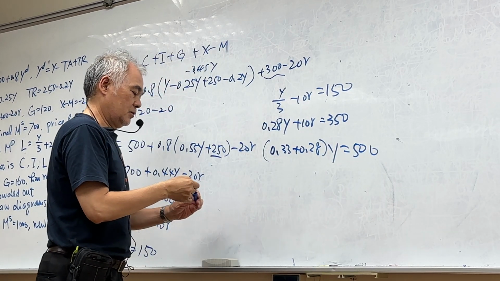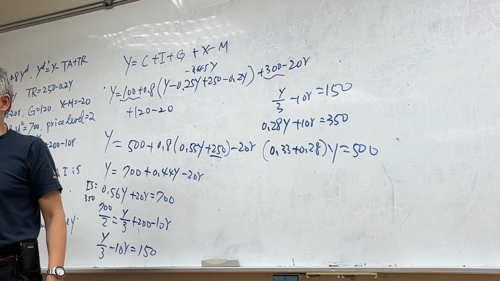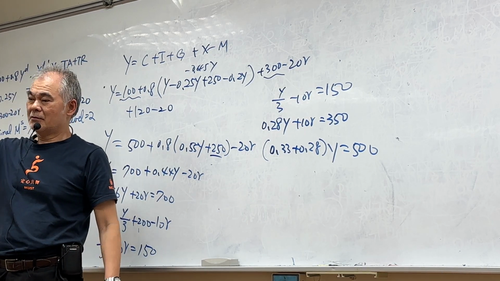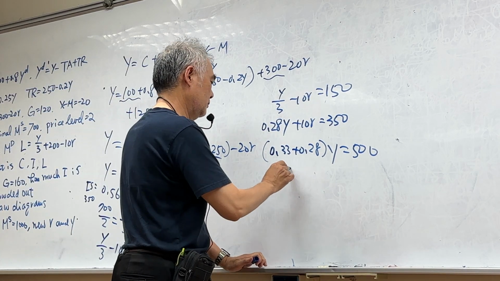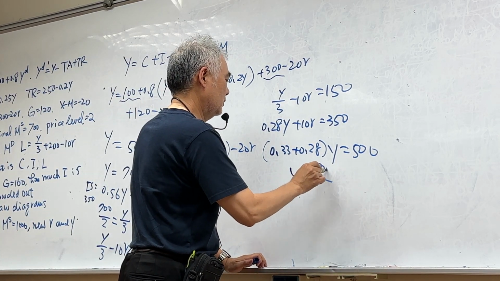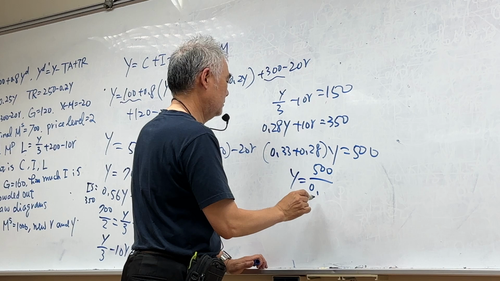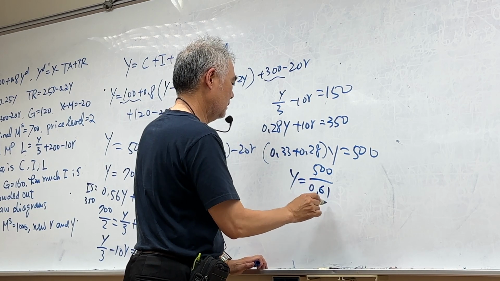Okay? So, can anyone give me a hand? So, gentlemen, try to find out what this is. So, y will be equal to 500 divided by 0.61, right?